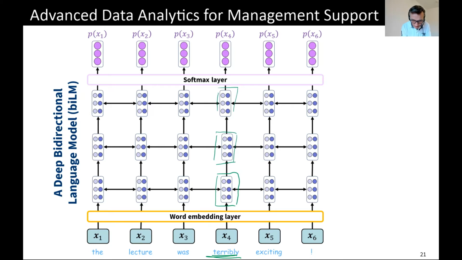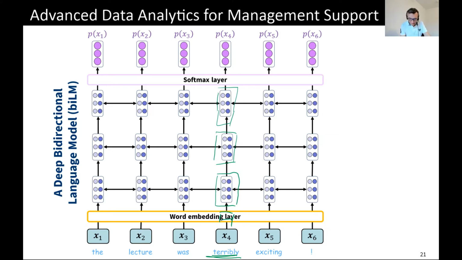And in my picture, which is a bit more complex than ELMo, we have a third layer embedding of the word terribly. So in this example, we have 3 versions of the embedding of terribly, not counting the representation of terribly in the embedding layer. Strictly speaking, we would have yet another vector representation or embedding of terribly, which is the raw embedding of the word.